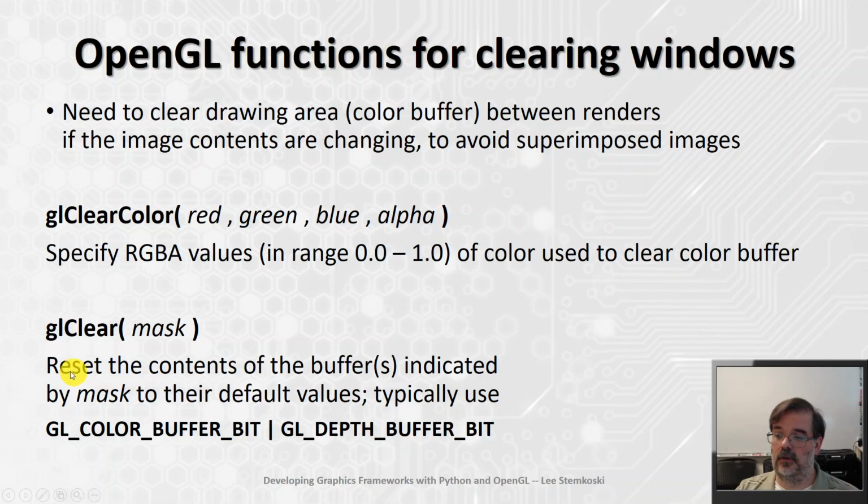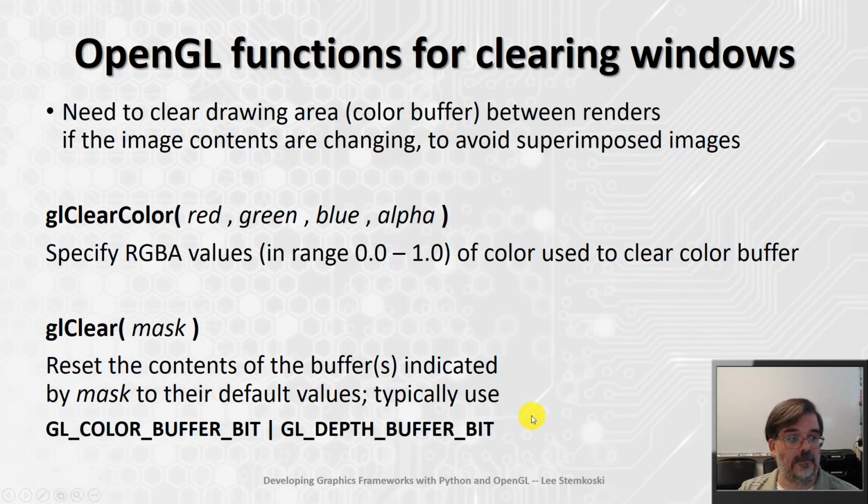So in order to reset those to their default values, what you need to do is use some combination of OpenGL constants for this variable called mask. Right now we're only working with colors, so we'll just use the constant GL_COLOR_BUFFER_BIT, separated by underscores. When we start working with depth, and when we're doing true 3 dimensions, then we'll also need to clear the depth buffer. But for now, that doesn't matter so much.